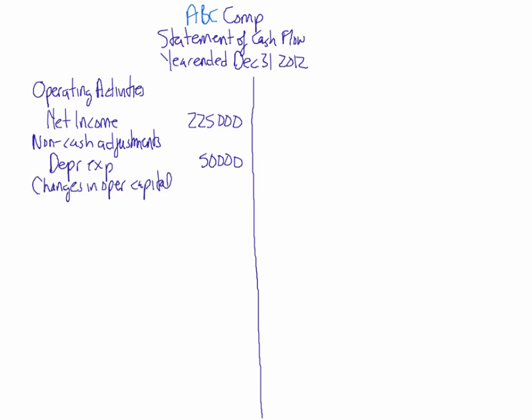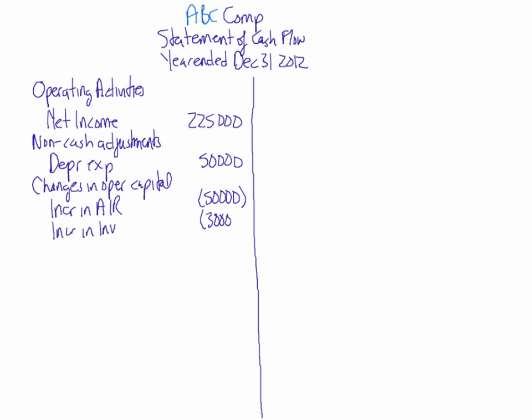And here's where I start using my knowledge of what happened, right? Increase in accounts receivable. And that is negative $50,000. And then I have an increase in inventory, and that is negative $30,000.